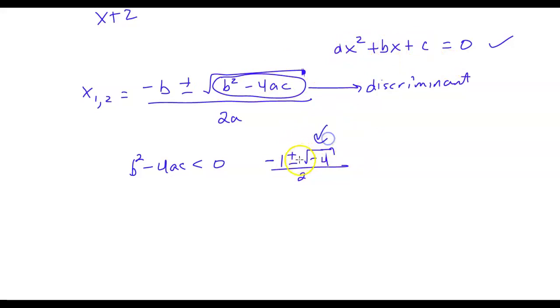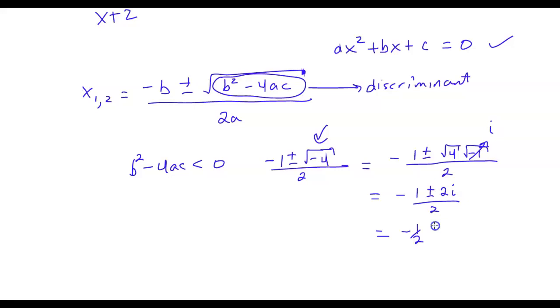Well, we know here that the square root of -4 is actually an imaginary number. And what we would do is retranslate this as square root of 4 times square root of -1. And by definition, square root of -1 is i. And so we would rewrite this as -1 plus or minus square root of 4, which is just 2i, all that over 2.